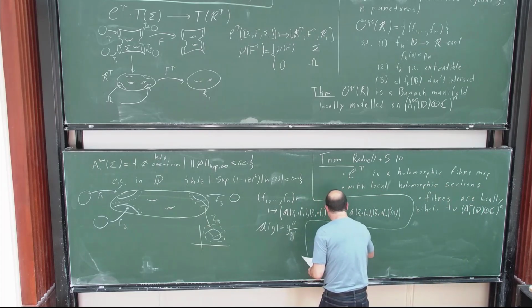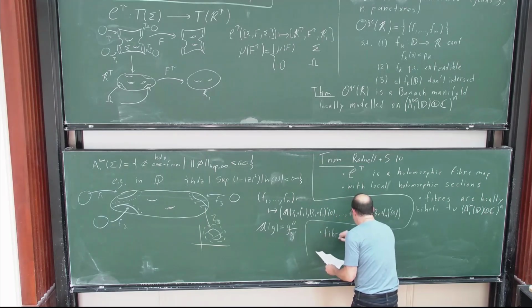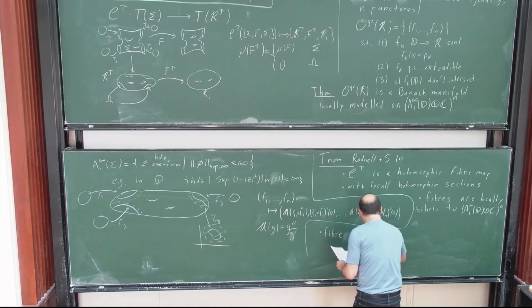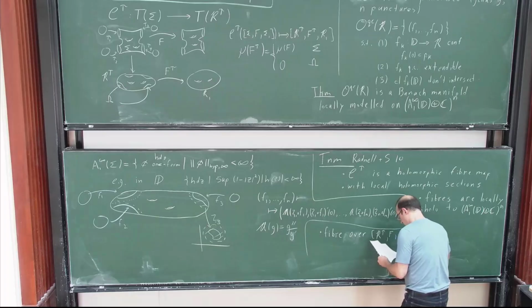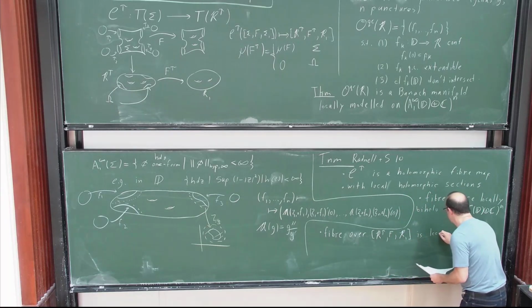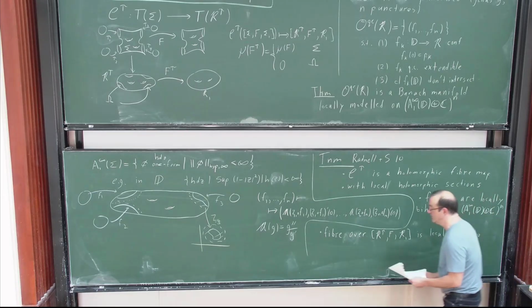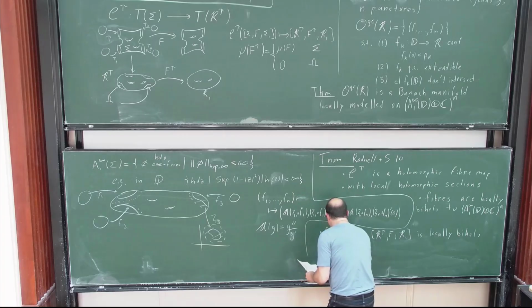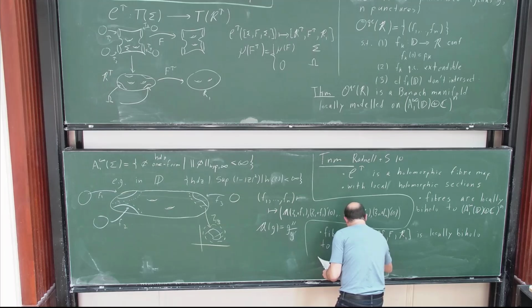Now to answer Sid's question. So the fiber over, say, R tau F R1 is locally biholomorphic to O of QC of R1.